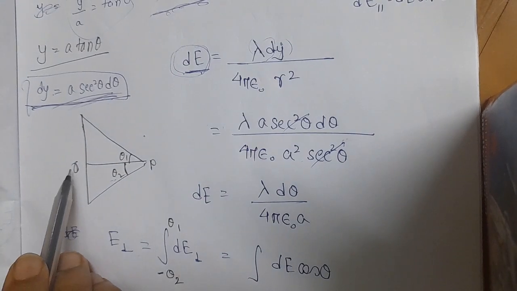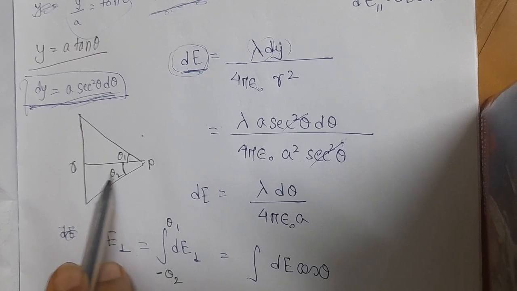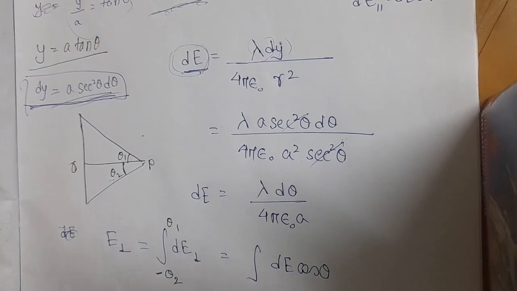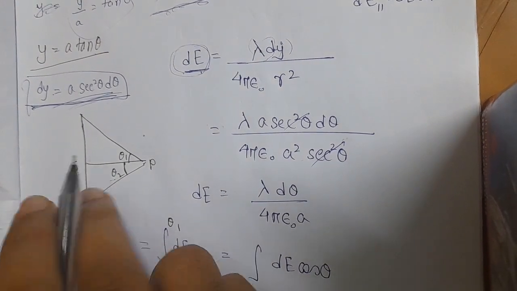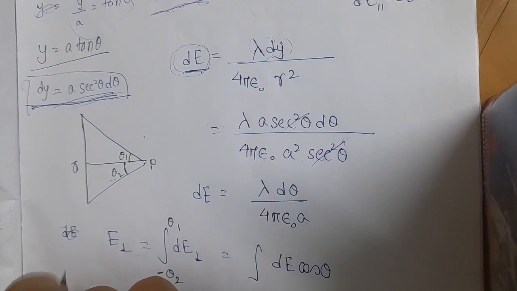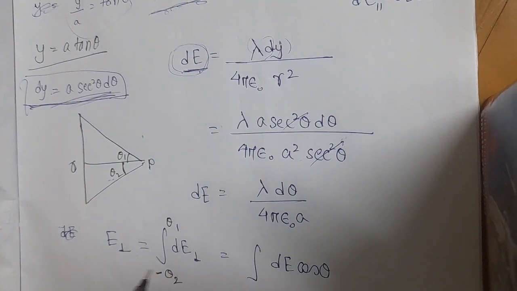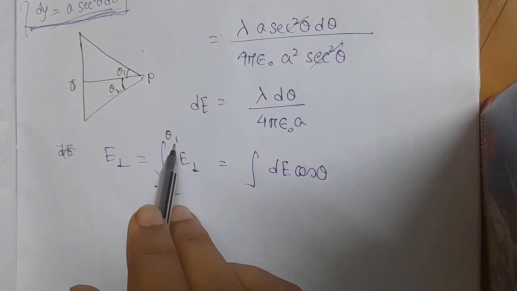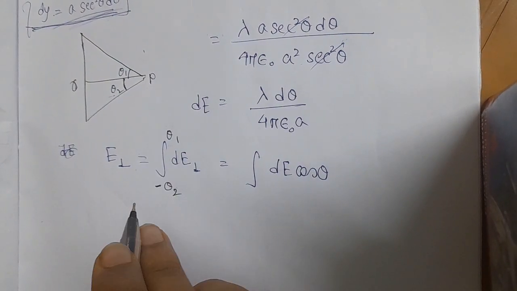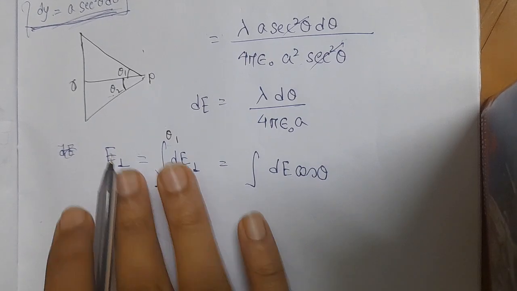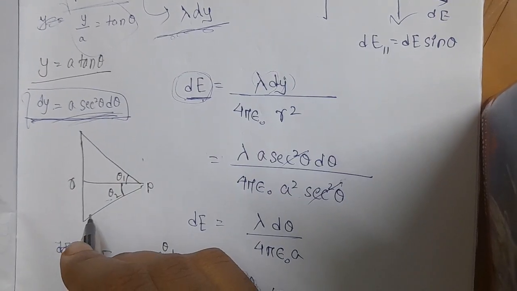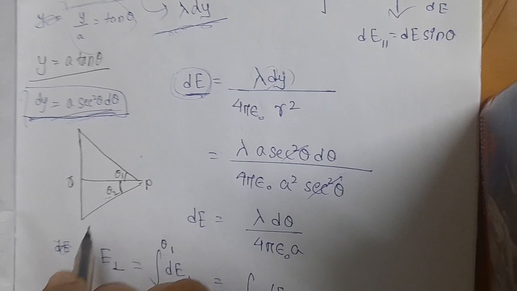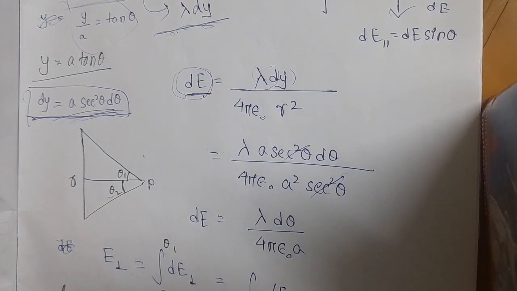Because I have chosen the origin at this point, and this point is below the origin, the direction of theta cap is different in both cases. To integrate, I have to move in a similar direction. That's why I'm going through the direction of theta 1, which is opposite to that of theta 2. Intuitively, you assume that I will not go into the mathematical details because it will extend this video further.